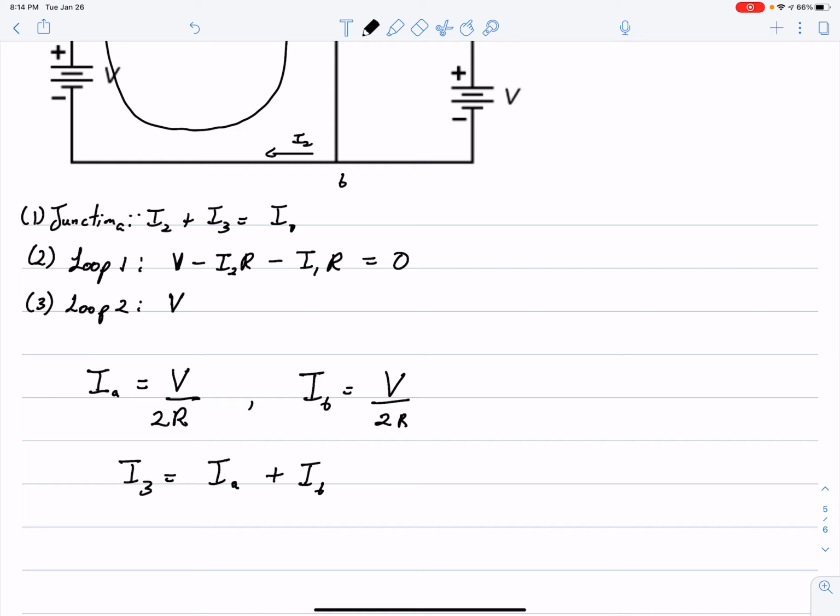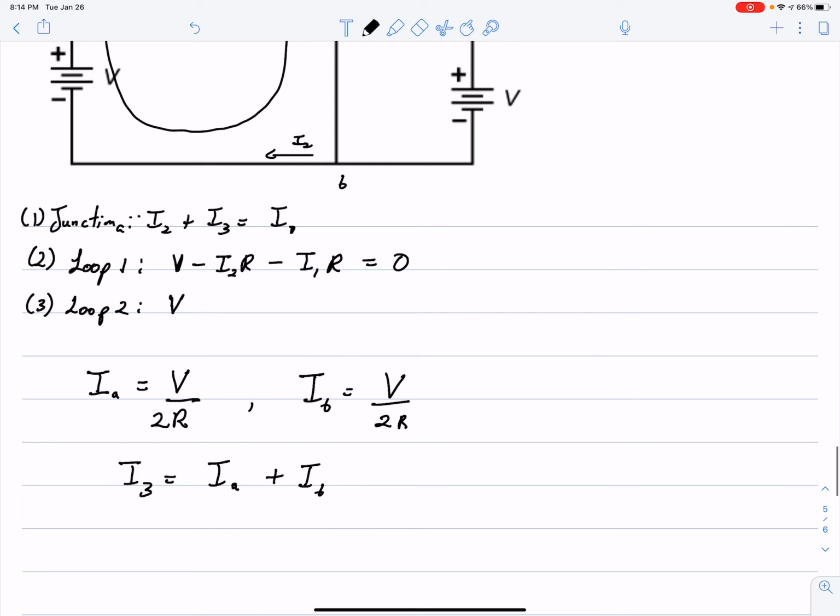then I would come out with, switching out, I3 equals V over 2R plus V over 2R.